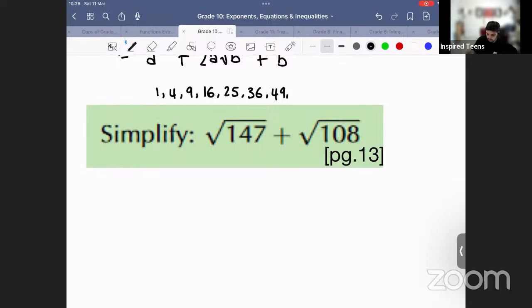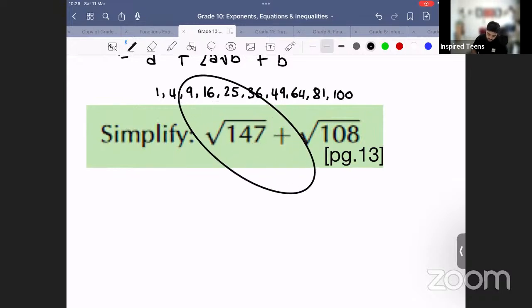You should know at least your first 12 squares. 8 times 8, 64. 9 times 9, 81. 100. Okay, and so on, right? So let's do this. Try and tell me the highest possible factor of 147 that's a perfect square.